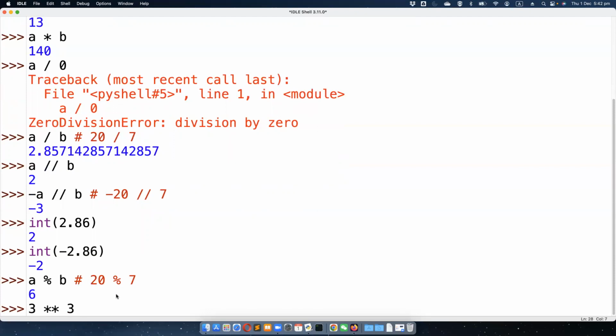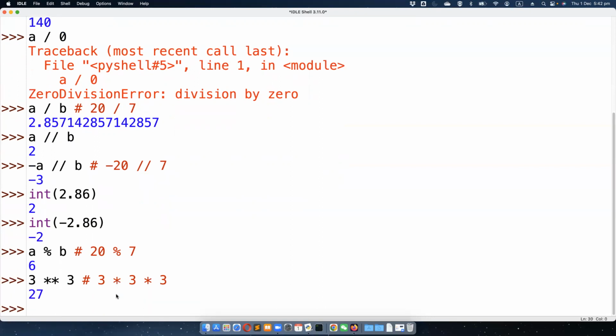So this is just like 3 multiplied by 3 and multiplied by 3. That's 3 cubed. We got 27. So here, the two asterisks are the power operator, and the 3 on the left is the base number. And the 3 on its right is the exponent.